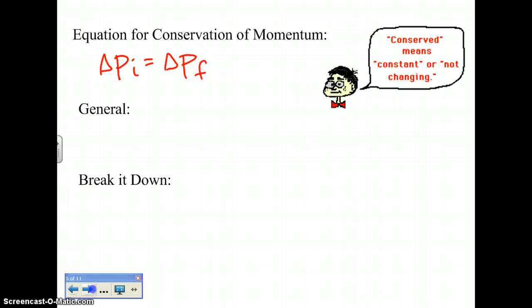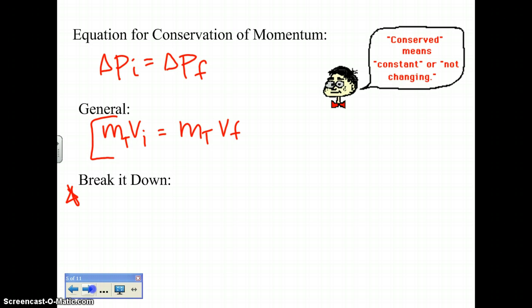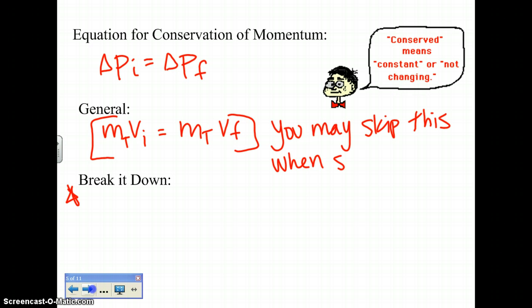Okay, but you have two different objects, right? So really what we're going to look at here is your M total VI equals your M total VF. So the real breakdown, you can skip this, but this is the original equation.